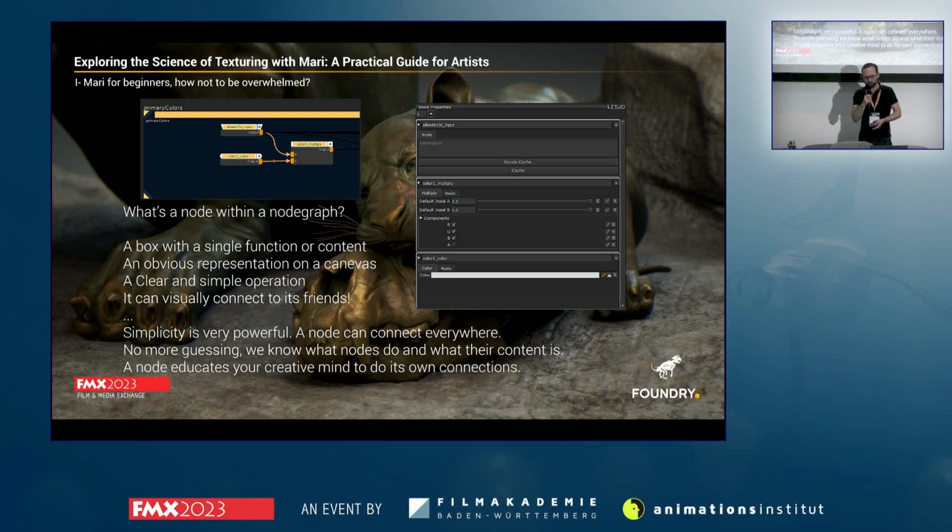So what's a node graph? What's a node within a node graph? A node graph is more of this horizontal approach. When you are using a node, you have one piece of info per node. If you have one piece of info per node, then you can really understand what you have inside of this node. So you have an educated guess of what's happening inside of this node. You know what this node is. So it's visual and it's very clear.